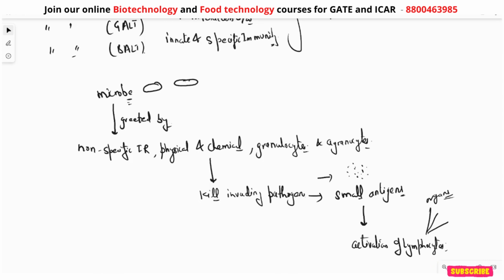This is how immune responses are triggered when a pathogenic microbe enters the host body. So this is all about the organs and lymphoid tissues that play a very important role in immune responses. That's all for today. Thank you.